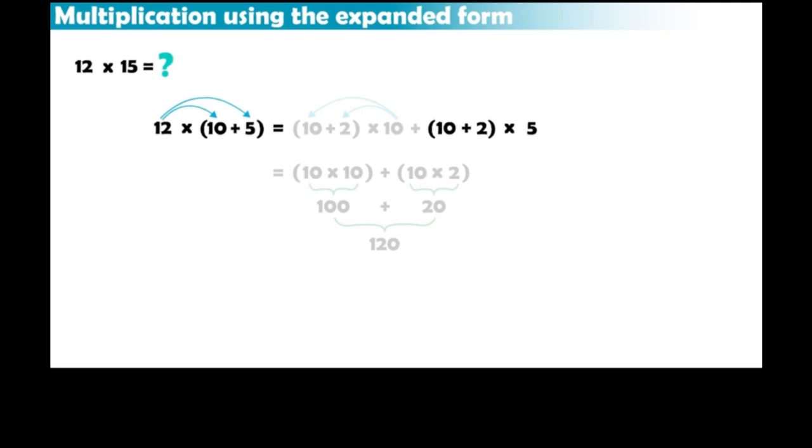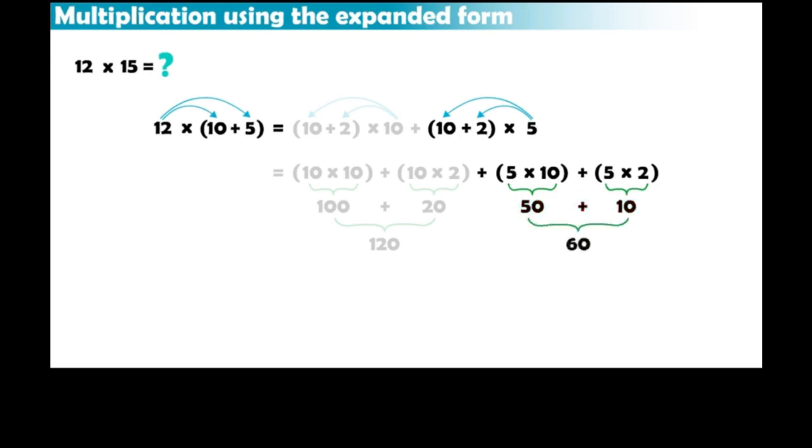So again we will break this 12 into two parts, 10 plus 2, and multiply them separately, that is 10 multiplied by 5 and 2 multiplied by 5. When we multiply 5 with 10 we get 50, and 5 multiplied by 2 we get 10, and when we add them we get 60. So we have done it separately.